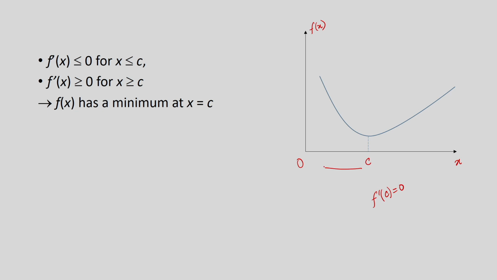To the left of c, you have f dash of x less than or equal to 0, the function is decreasing, and to the right of c, f dash of x is greater than or equal to 0, that is, it is an increasing function. That means that the function must have reached a minimum at x is equal to c.